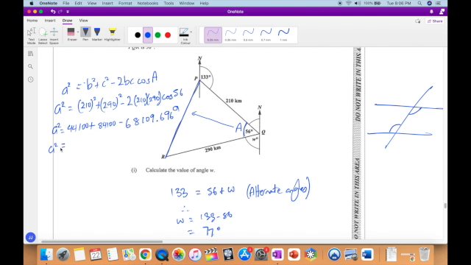So A squared is equal to 44,100 plus 84,100 minus 68109.696, and I got 60,090.304.